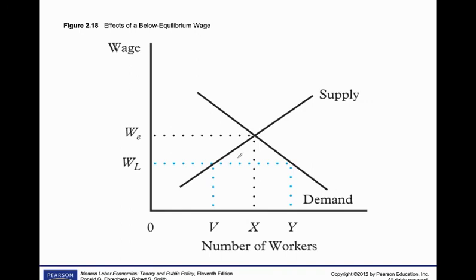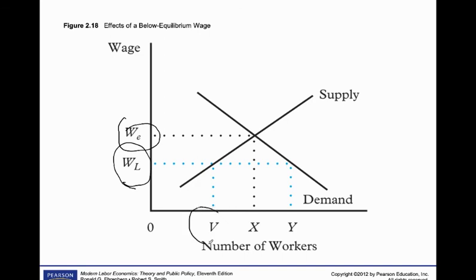Moving to this diagram, this is a case of a below equilibrium wage. WL shows a case where the wage rate is much lower than the equilibrium wage rate. And in this case, we will find that firms would demand more workers, given by point Y, while households are not happy with the much lower wage rate here.